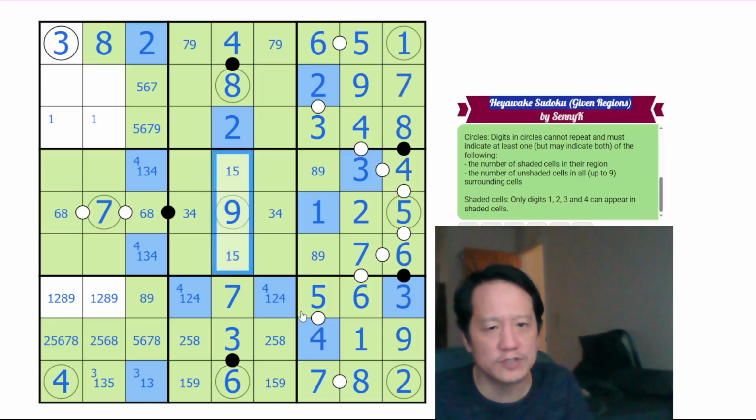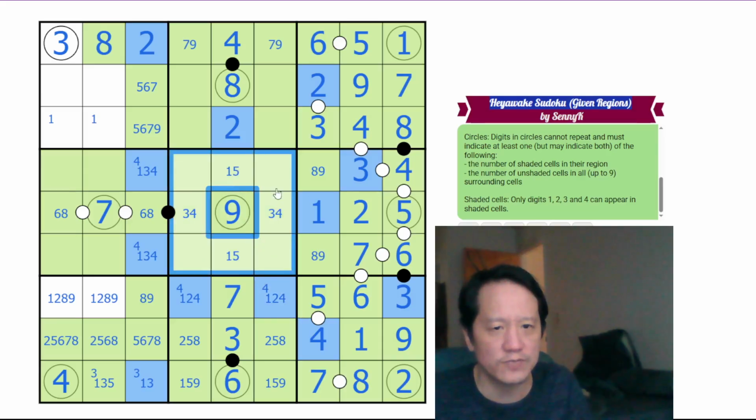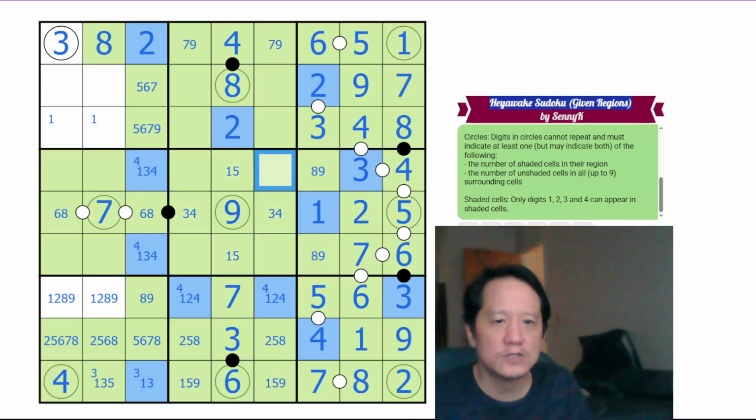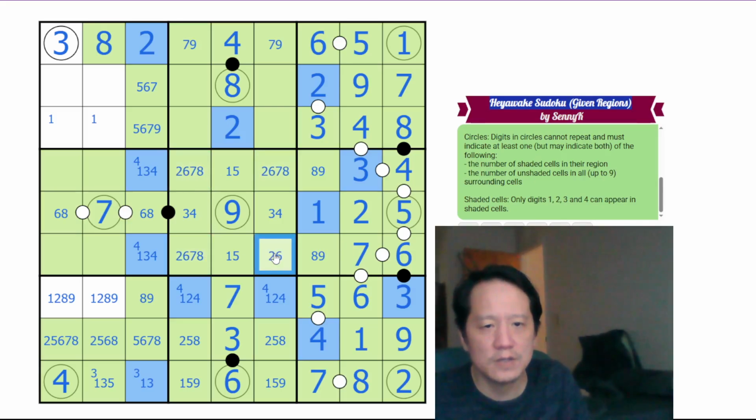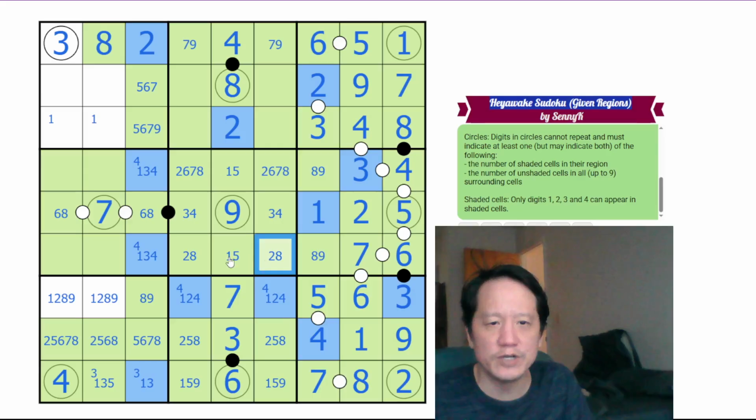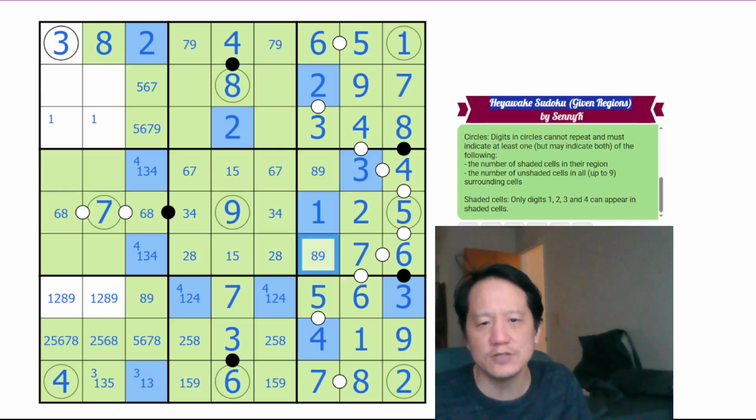This is 1, 5 as a pair, which eliminates 1, 5 in the rest of the box. So that leaves the remaining digits as 2, 6, 7, 8. No 6 or 7 here, no 6 or 7 here. It's 2, 6 or 7. I don't know how to remove 8. Therefore, it's 2, 8 as a pair in box 5, which eliminates 2, 8 in the rest of the box. 2, 8 also eliminates 8, 2 in the rest of the row. So this is 9, that's 8.